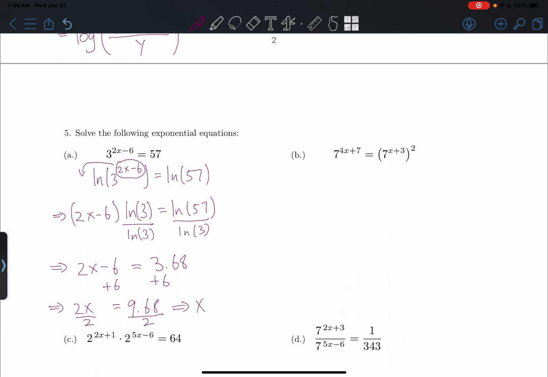So I got x is now approximately 4.84. So obviously rounded to whichever digit that was required, but it's really not too bad to do from here.